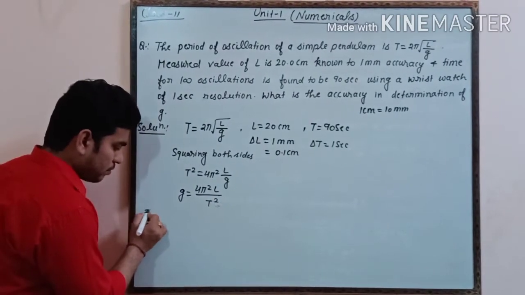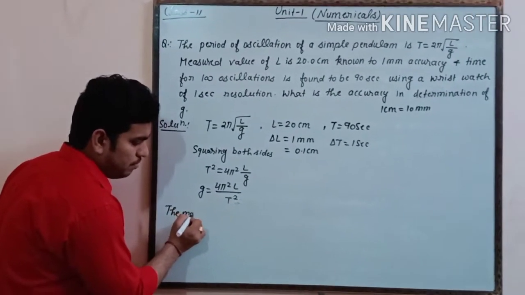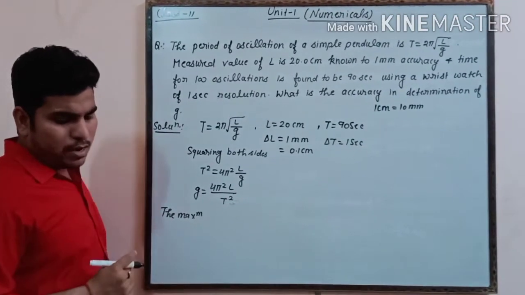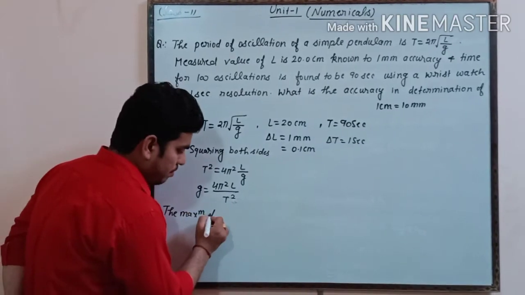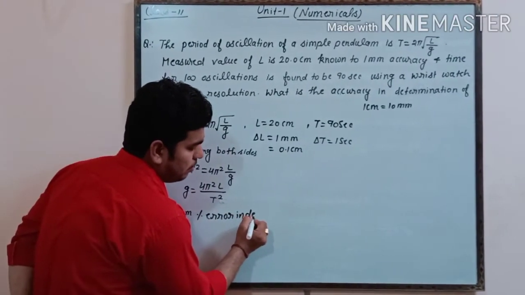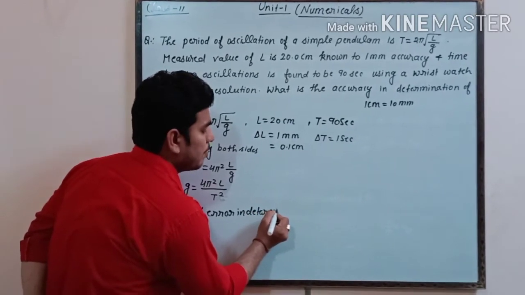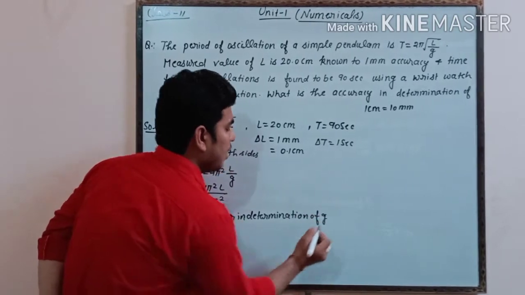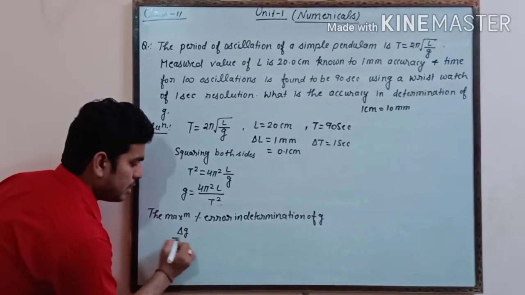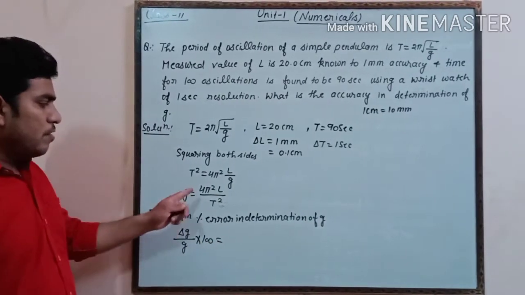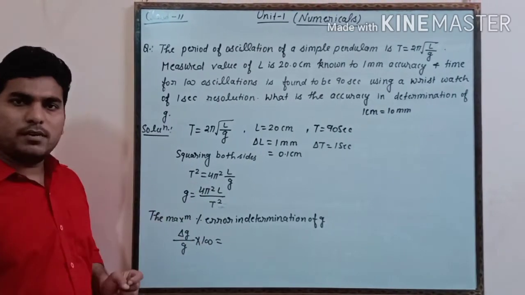Now the maximum percentage error in determination of g will be delta g upon g into 100. 4 pi square is a constant.